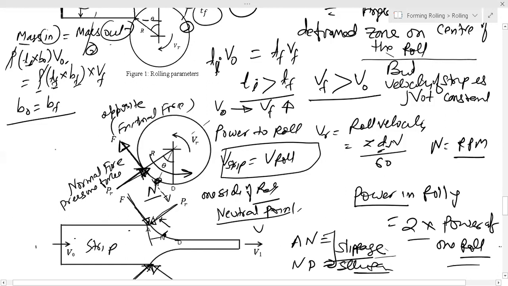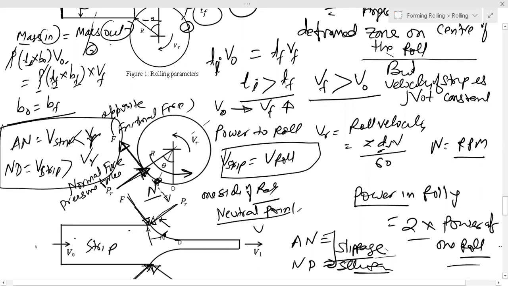So in AN, velocity of strip will be less than velocity of roll. And in ND, velocity of strip will be higher than velocity of roll. Clear?